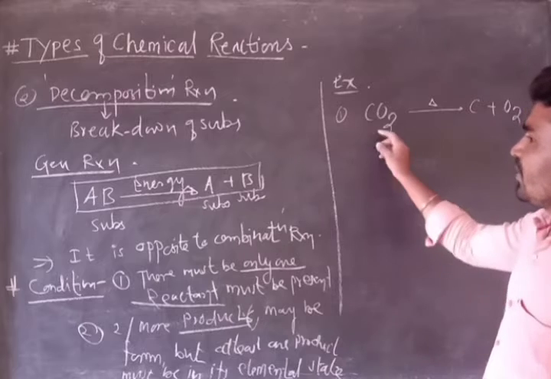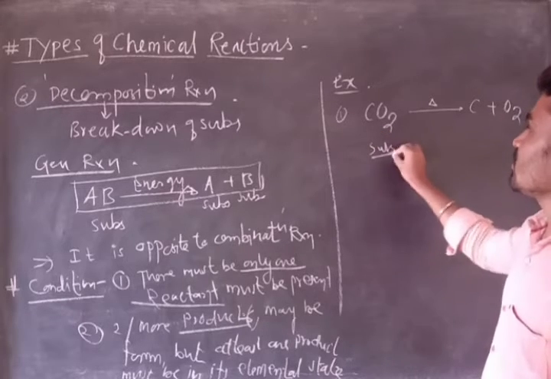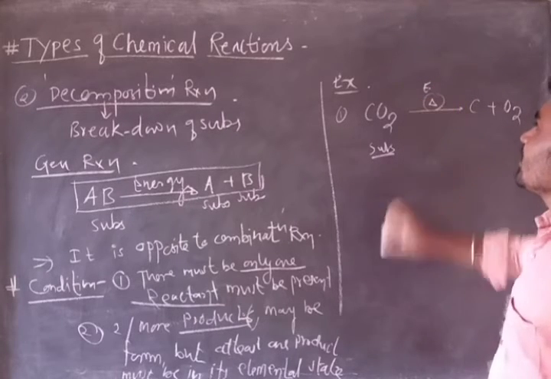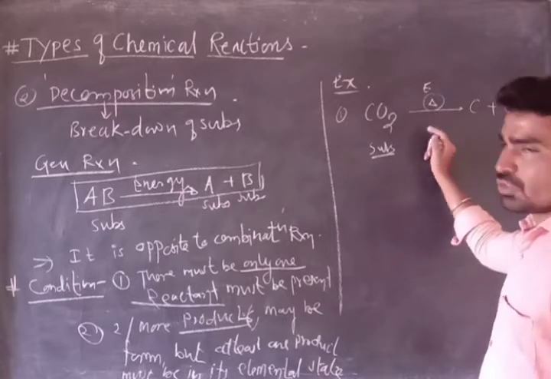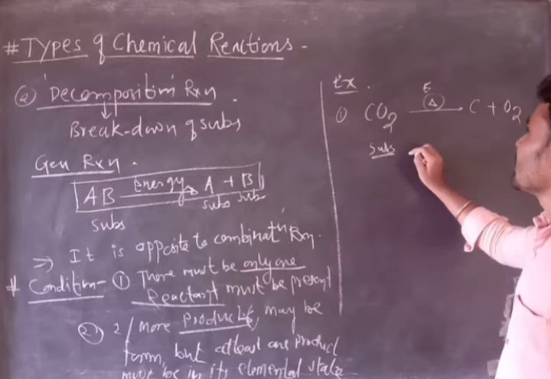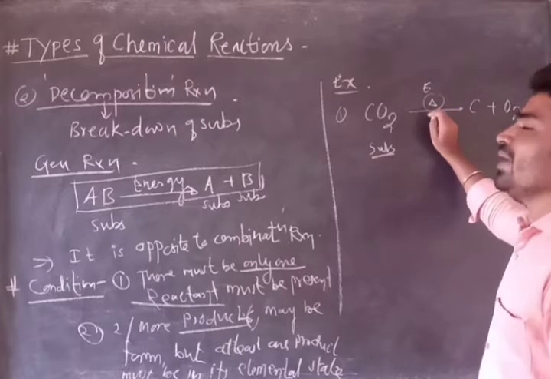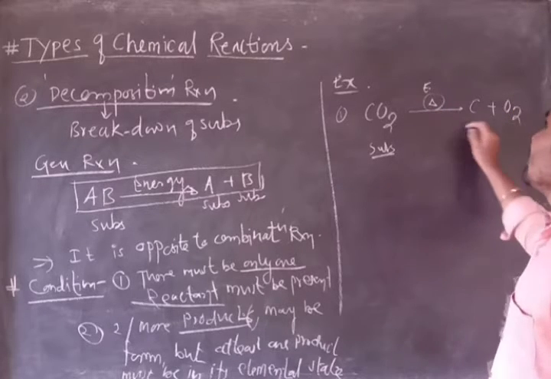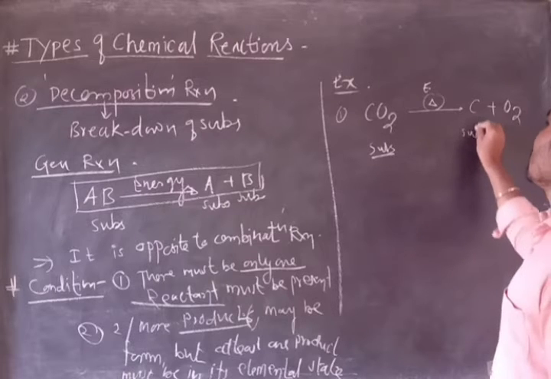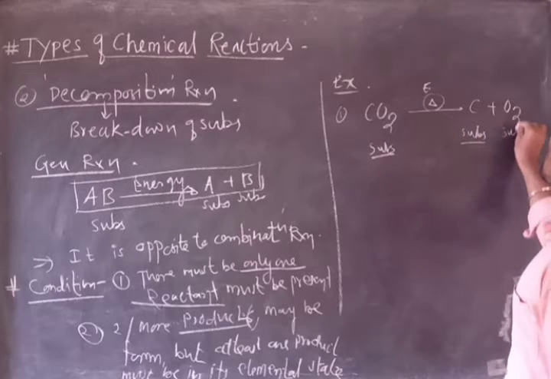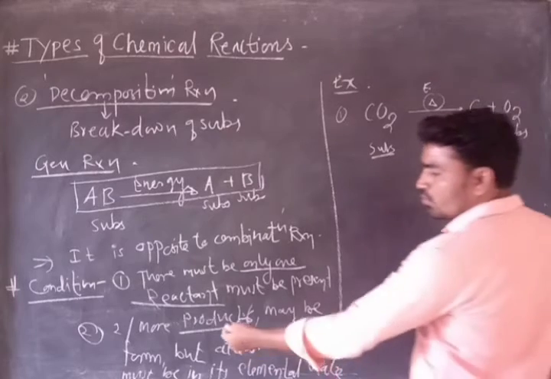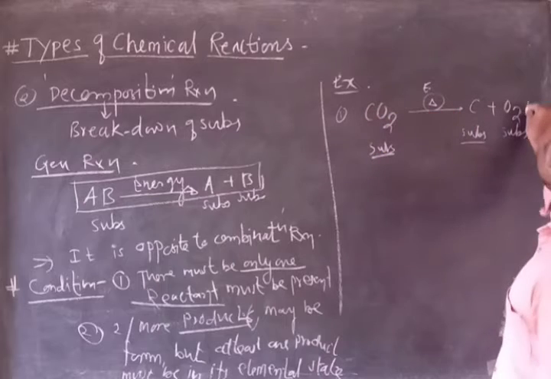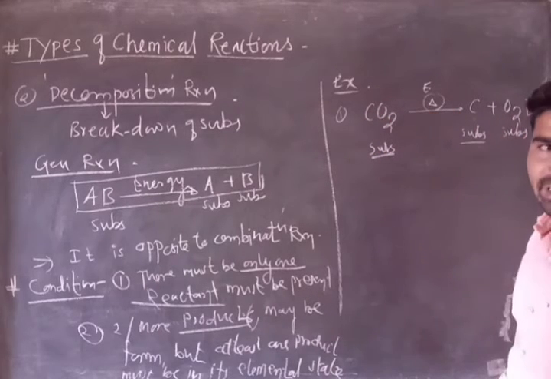Now try to understand. Here CO2 is a single substance, and you are giving heat energy. This triangle shows the heat you are supplying, by heating this carbon dioxide. Here we get carbon as one substance and oxygen as another substance. Here two or more products we have obtained. So this is nothing but a decomposition reaction.